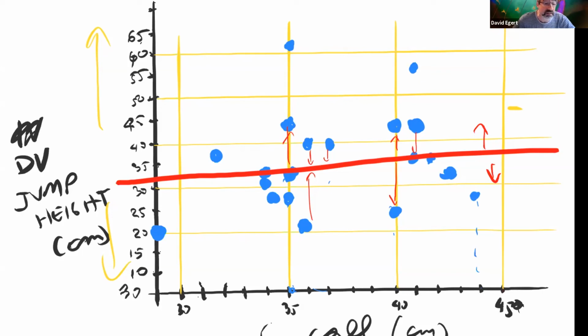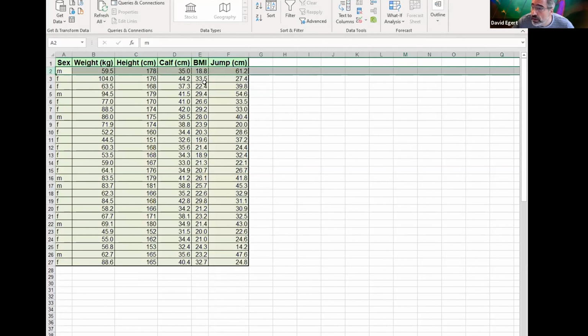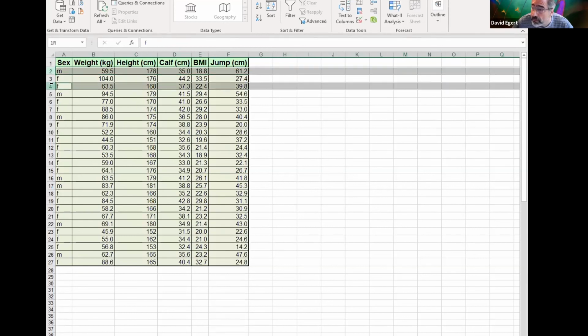If I was going to look at calf circumference, but only for the people with healthy BMI, how would I try to figure that out? Only do a scatter plot of the people with healthy BMIs. Exactly. So let's pick the people with healthy BMIs. 31, that's not healthy. 18 is healthy, 33 is not. 22, 29 is not, 26 is not.